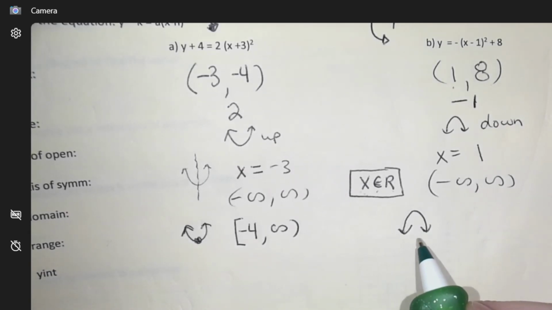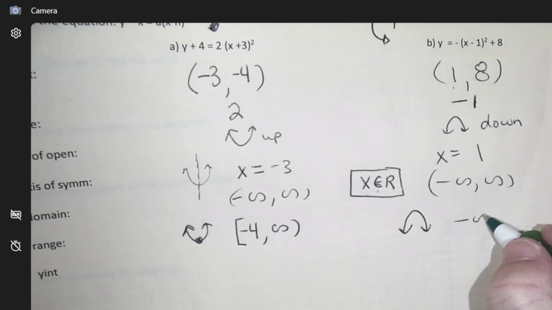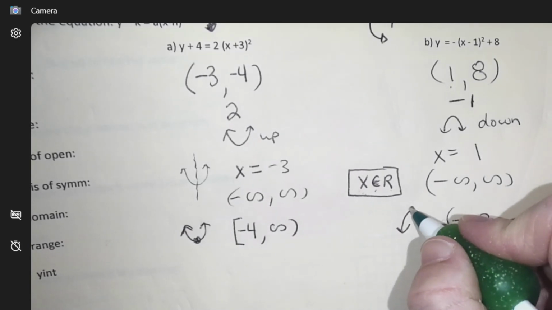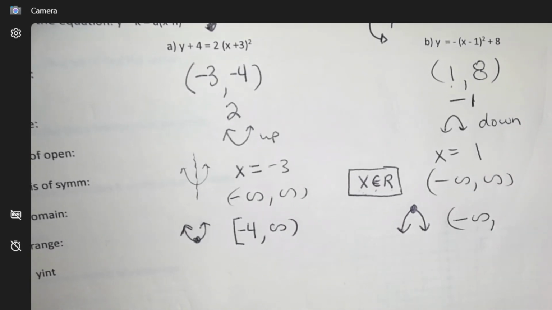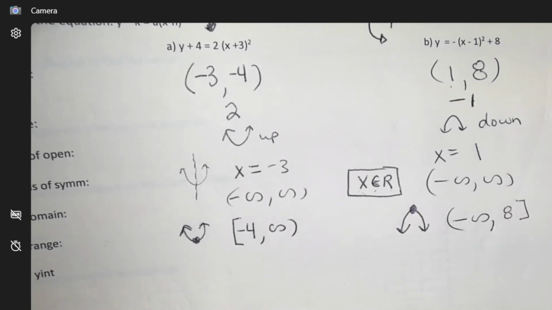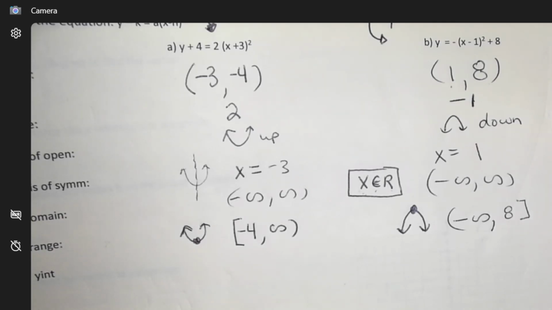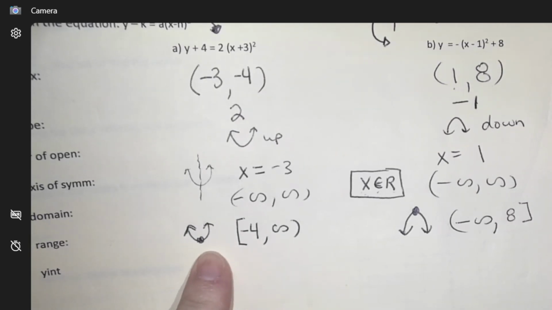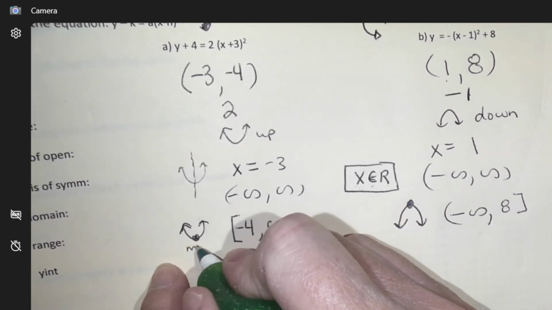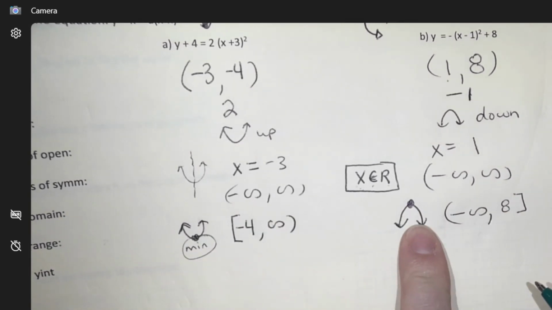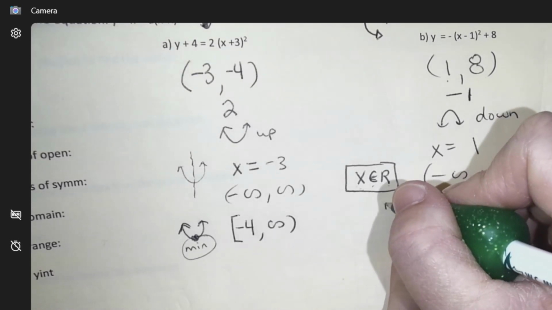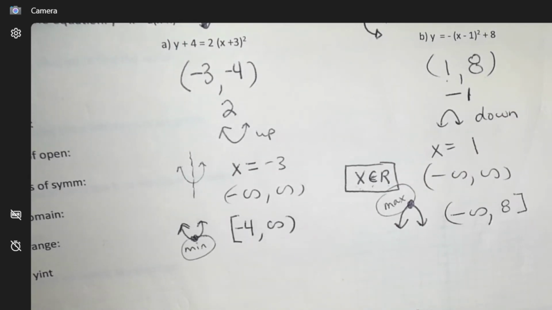So what's the low? Well, that's the forever low to a top height of 8. So on the test, I could also ask about, is this going to have a min or a max? So all you're looking at is, is it opening upward or downward? So if it opens up, it has a min, and if it opens downward, it would have a max.